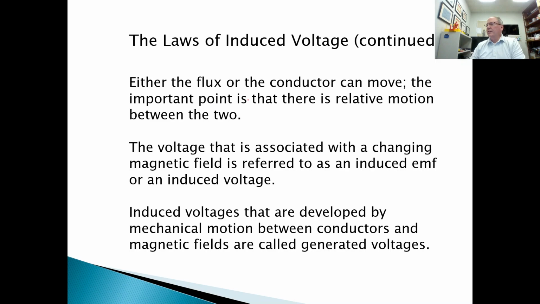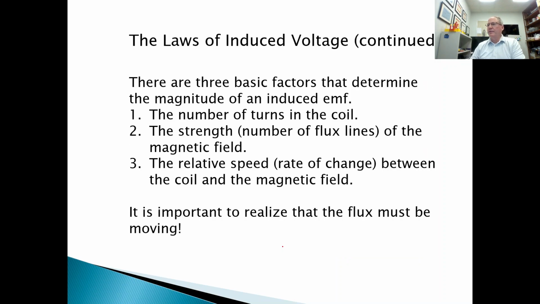So either the flux or the conductor can move. The important point is that there is a relative motion between the two. Either one will induce the voltage. And these magnetic fields, when they move, are known as generated voltage. So the principle of a generator is related to this.